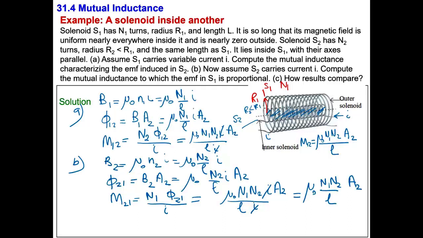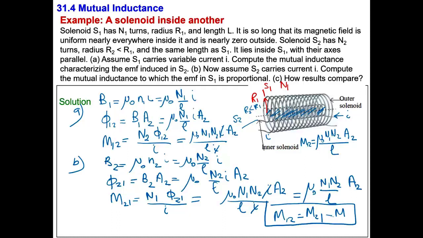So the mutual inductance is given by this equation. Make sure that this area is the smaller of the two. Here it's A2 and here it's A2. You can see that M12 is equal to M21, and it's what we call the mutual inductance. Clear?